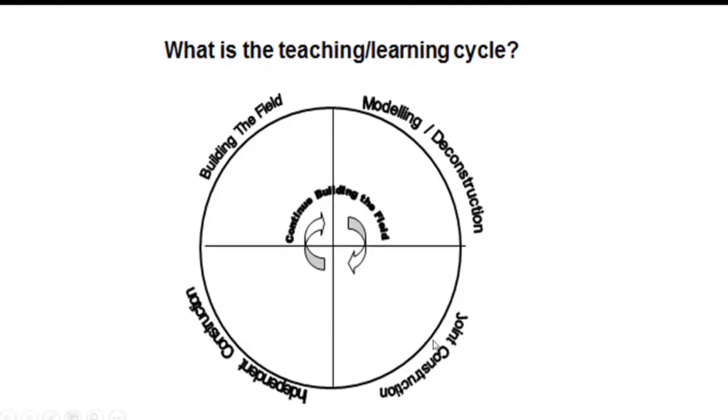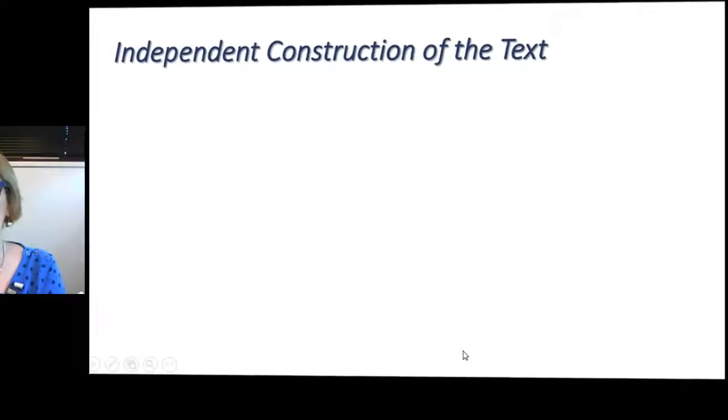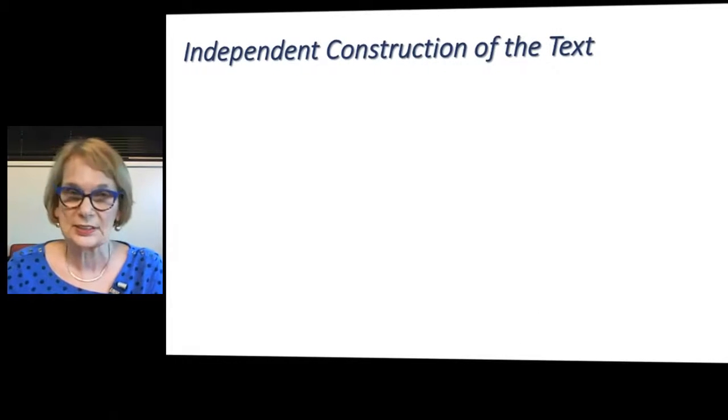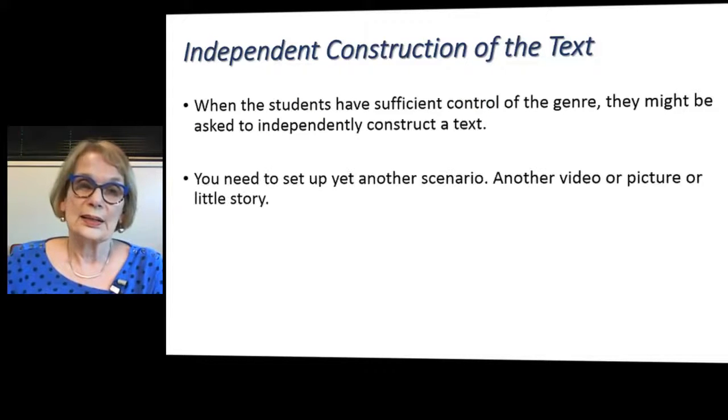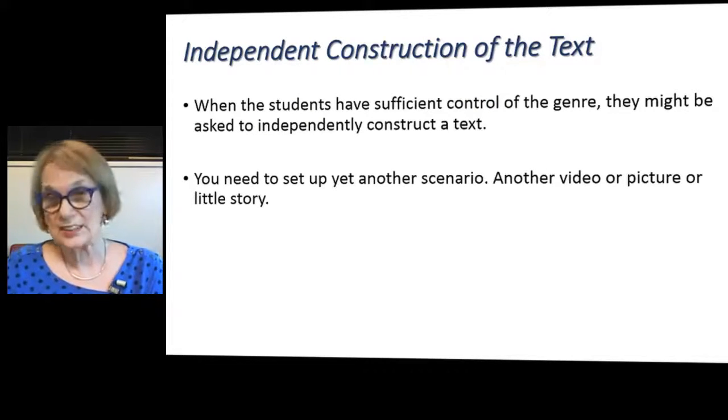Okay, so we feel our students are ready to go on to the next independent construction, which by the way might be working in pairs or a little group to construct a text, but they're doing it, you're removing a little bit of the scaffolding for them. So you need to set up yet another scenario, another picture or video or something.